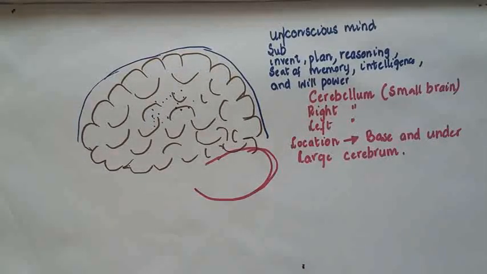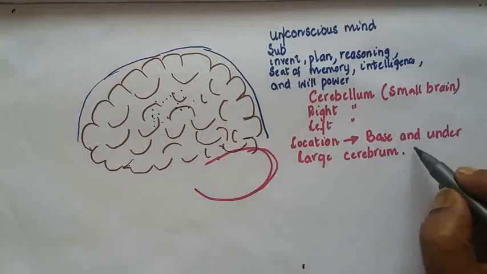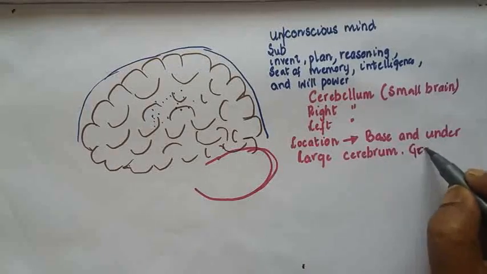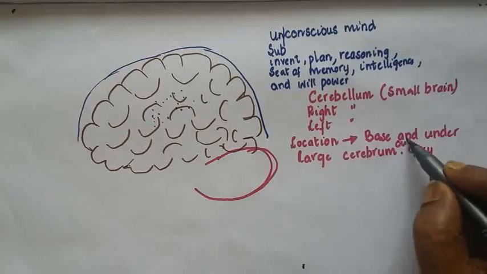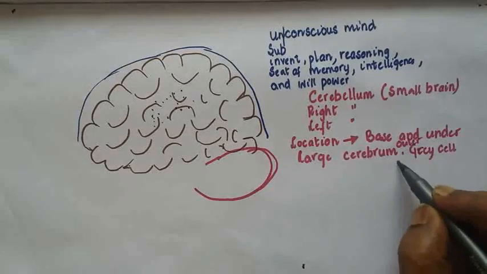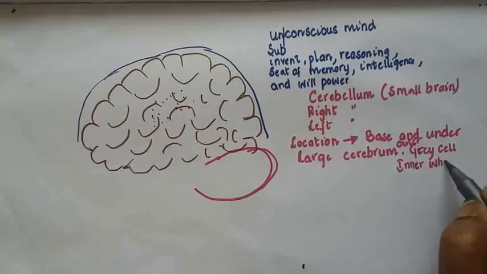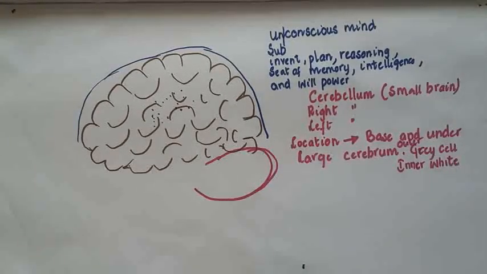And this cerebellum also has outer grey matter containing cell bodies, followed by inner white matter comprising axons.